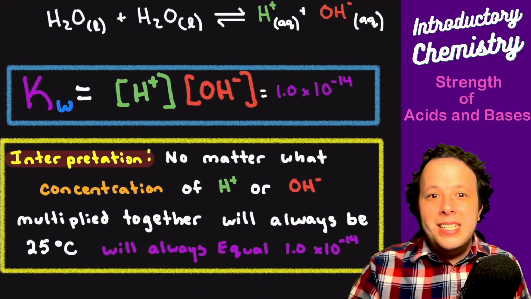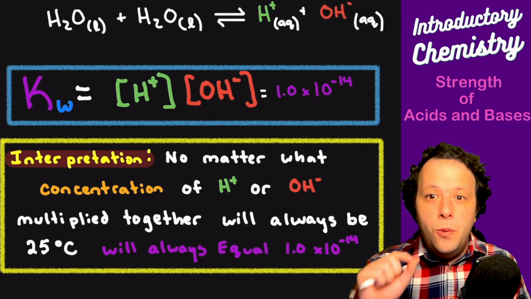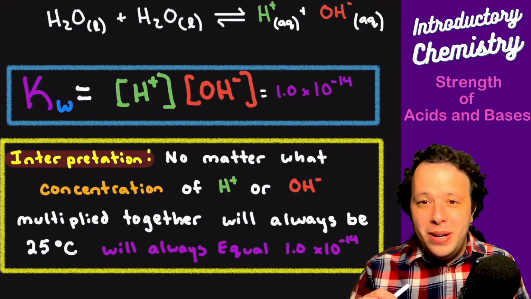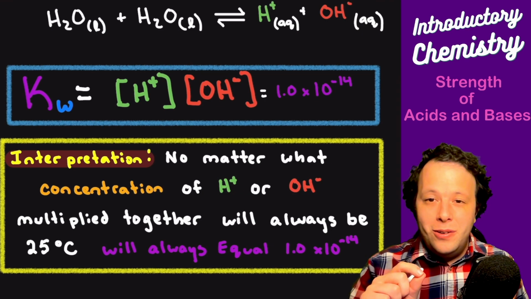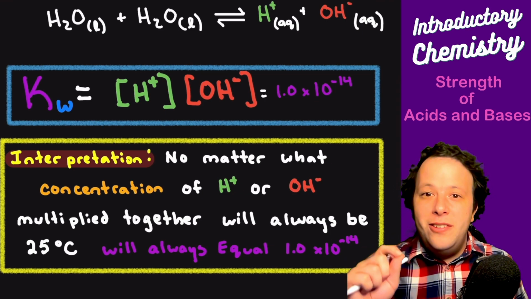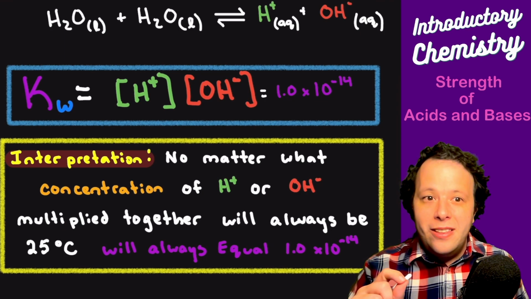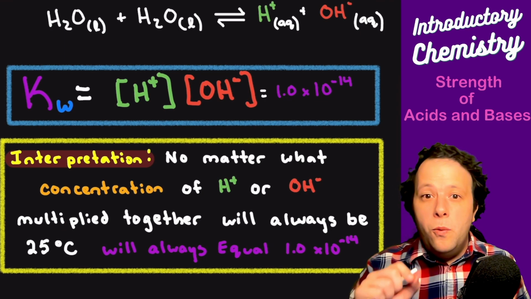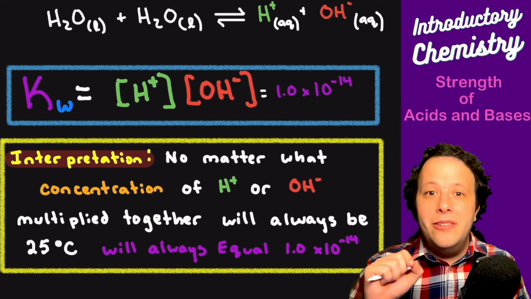Why is that so big? No matter what concentration of H plus, hydrogen ions or protons, and hydroxide ions you have in solution, if you multiply those two concentrations together, you're always going to get 1.0 times 10 to the negative 14.